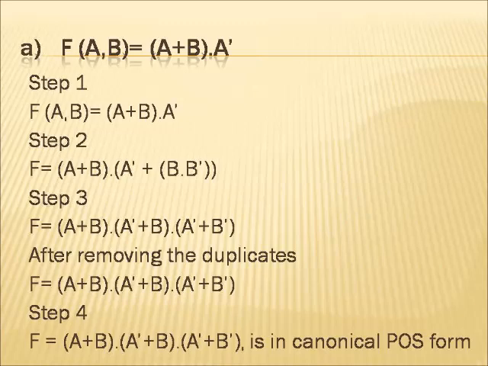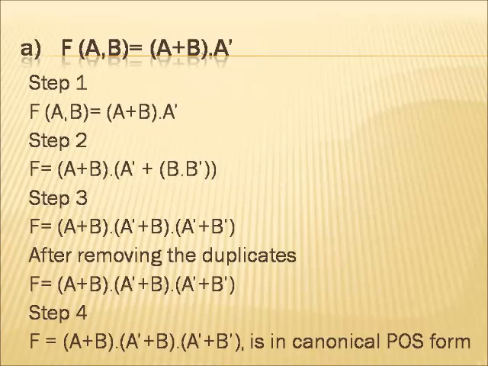So a bar plus 0 is replaced with a bar plus b·b bar, right? Because we know that a bar plus 0 is equal to a bar only, and that 0 is replaced with b·b bar.